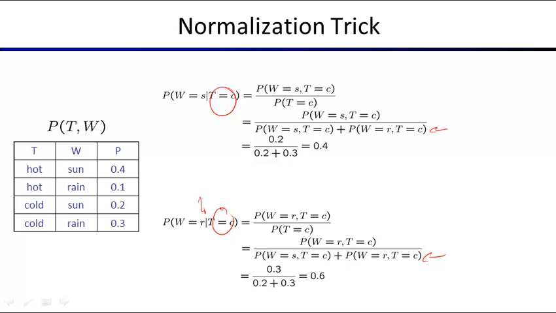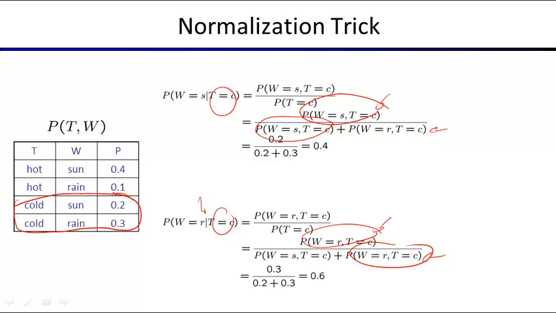How about the numerator? Those are different entries. There's, in each case, one of the entries of the ones that you sum together in the denominator. This one here corresponds to this one here, and here is the right one. So another way to think of doing this computation is to say, if we have to compute a conditional distribution where we condition on T equals C, we could just look at the rows where we have C, which is over here.